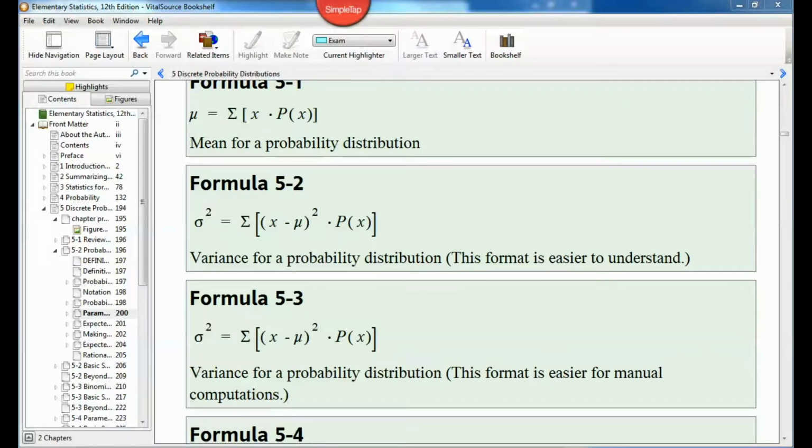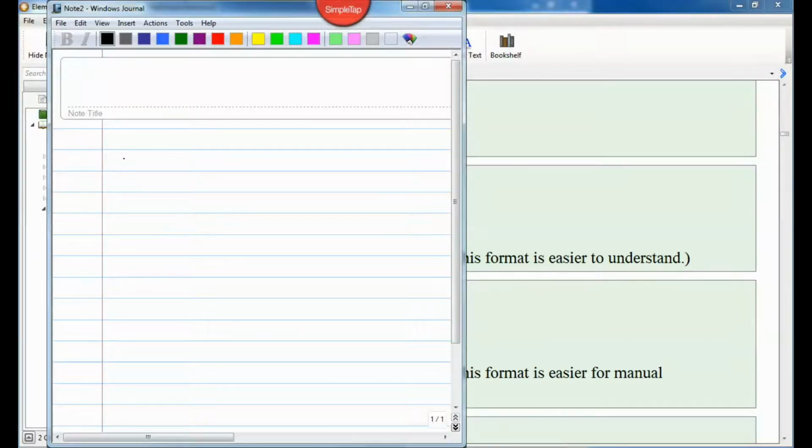But as far as actually working it out for the variance, I would use this formula. The variance is sigma squared, and I would use the sum of x squared times p of x.